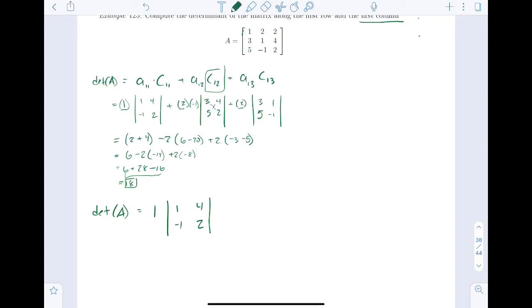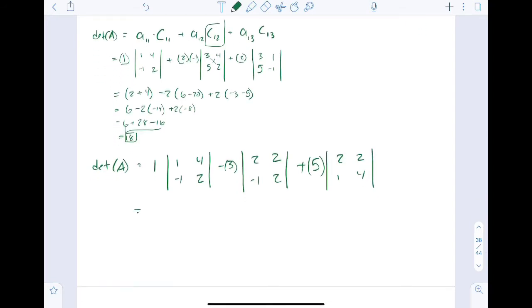Now going along the first column, it's going to be -3 times, and we ditch this and this, so I have 2, 2, -1, 2, plus 5 times 2, 2, 1, 4.